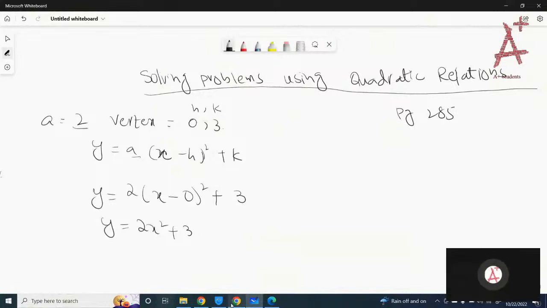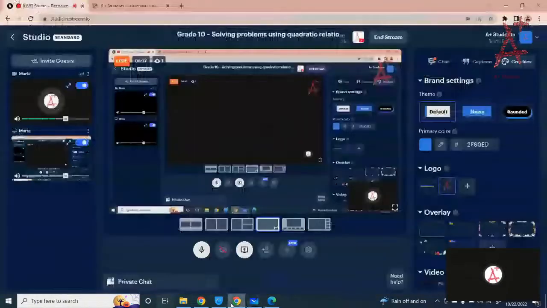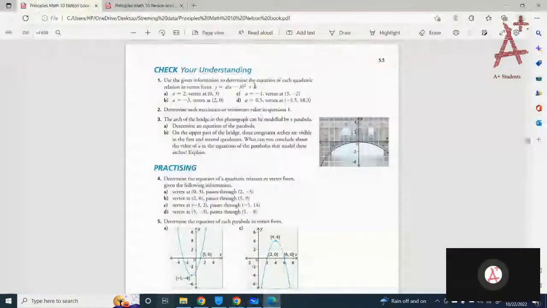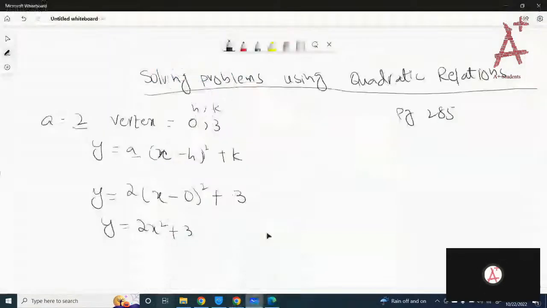Okay, let's just do another one. Let's do C. A equals minus 1 and vertex equals minus 3, 2.